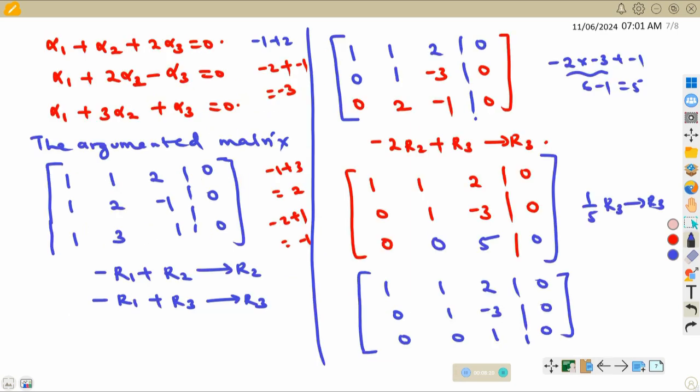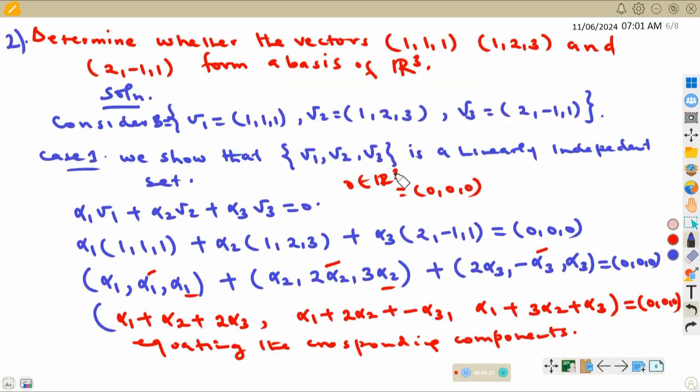So according to what we have, our vectors v1, v2, and v3, we have seen the only solution to the linear combination here is only alphas equaling to 0.